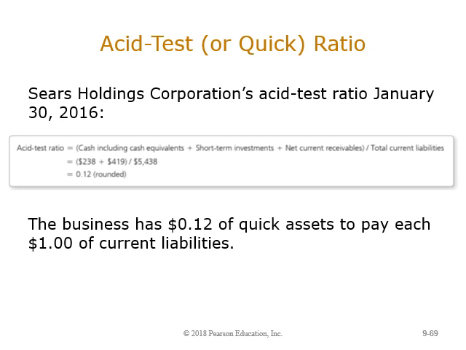So the business has 12 cents of quick assets to pay each dollar of current liabilities. Y'all, this is not a great quick ratio. This is actually pretty bad. This means that for every dollar that they owe somebody, they only have 12 cents that they can pay on that. Remember, we want this acid test ratio, or the quick ratio, to be 1.0 or higher to be considered safe. So Sears is not doing so great.